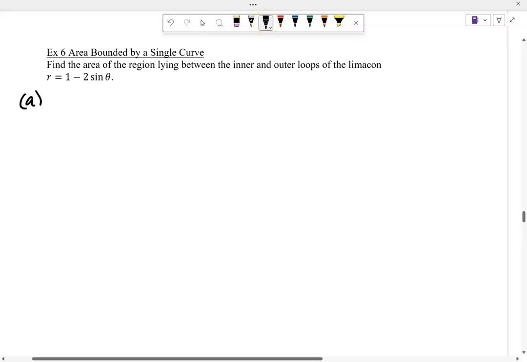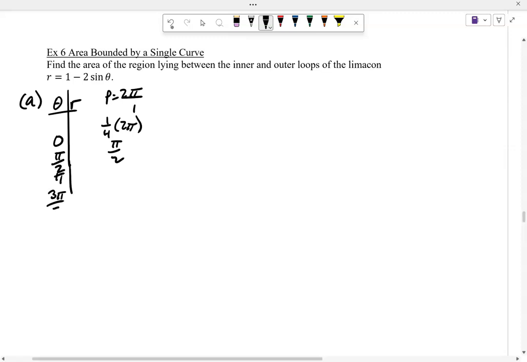Let's start out with our Cartesian graph with theta and r. Notice my period here is 2 pi over 1, so I'm going to go up by a fourth of that 2 pi. So I'm going to go up by pi halves amount from 0. So up pi halves, pi, 3 pi halves, 2 pi.